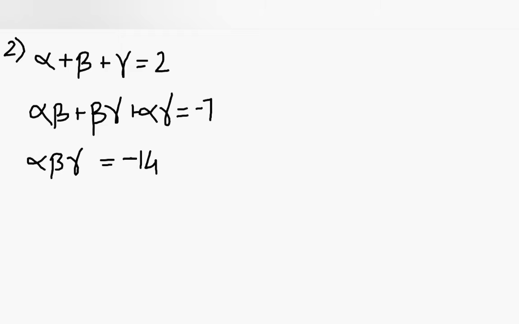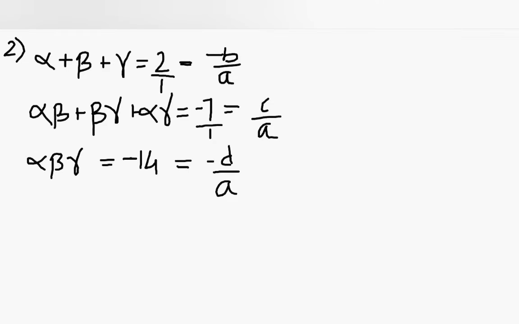So this is easy. The sum of the zeros of a cubic polynomial is minus b upon a, and for this one the relationship between zeros is c upon a, and for this one it is minus d upon a. So our work became very simple, so I'll just write upon 1 for simplification.